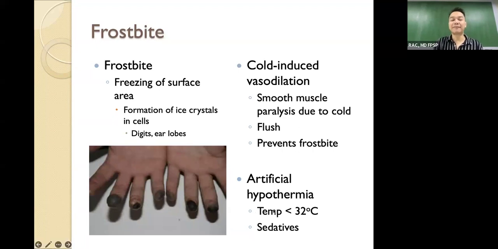Another principle is artificial hypothermia. So the theory here is that if you reduce the temperature to, let's say, less than 32 degrees, the metabolism of cells or tissues will decrease. Now, this is actually being done, although not with the entire body. This is being done when we do organ transplant. So if the transplant is delayed, like let's say, for example, you will have to transport the organ from the donor to the recipient.